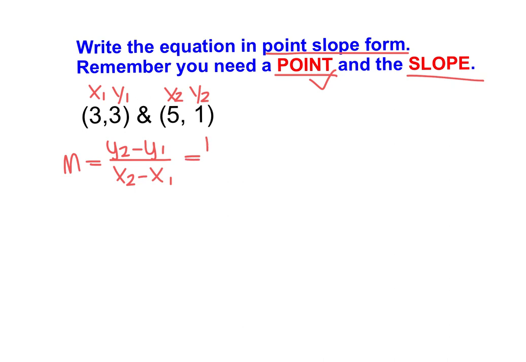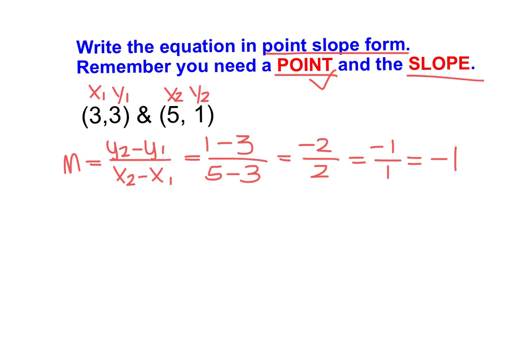So I have 1 minus 3, my y2 minus my y1, over x2, which is 5, minus x1, which is 3. So here I end up with -2 over a +2, which simplifies to -1 over 1, or a slope of -1. So here I can see that my slope is a -1.